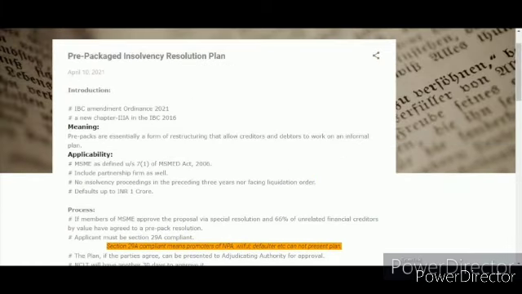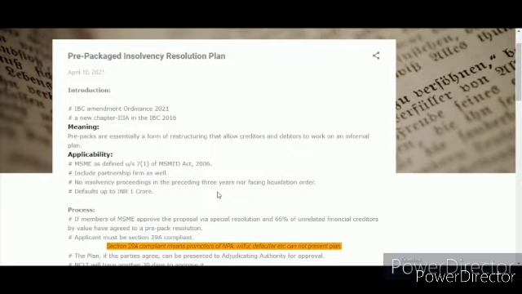I hope you like this video, and it will be helpful for students as well as people working in a company, because you never know when there is a default and how you can go about it. Recently you must have heard the news that in one of the group companies of OYO hotels, insolvency proceedings were initiated.